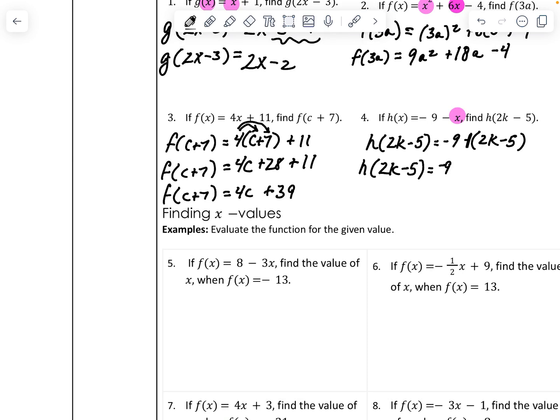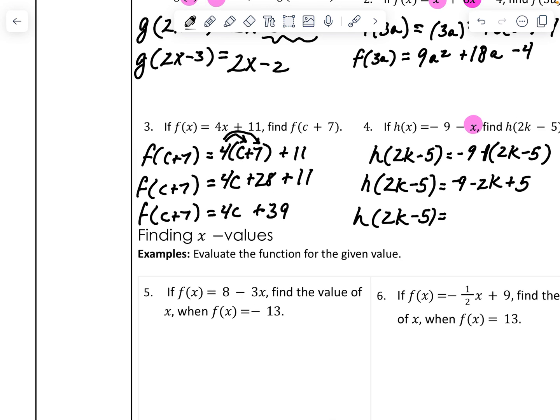So I need to distribute that negative. So it'd be minus 2k plus 5. And then I can combine my like terms. So h of 2k minus 5 equals negative 2k, and negative 9 plus 5 would give me negative 4. All right.